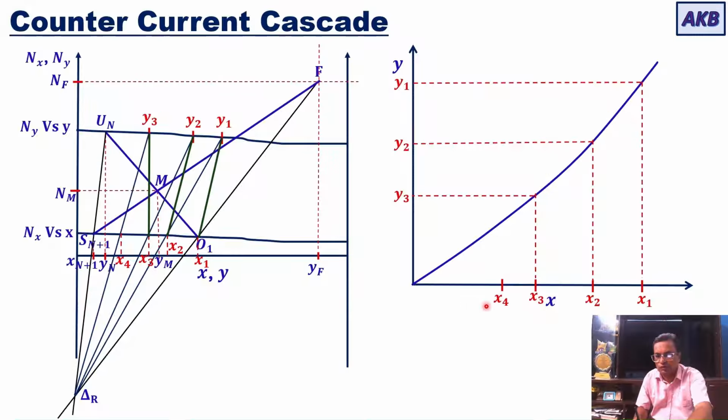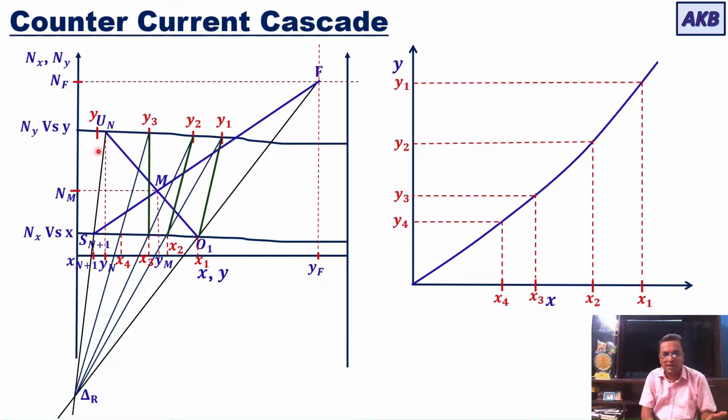Take this value of X4, go to the equilibrium curve, find out the value of Y that is in equilibrium with X4. Take this value of Y4, and I will locate that on NY versus Y curve. Now this time, when I'm locating Y4, I'm crossing the point Un. So once the point Un is crossed, I will have to stop.